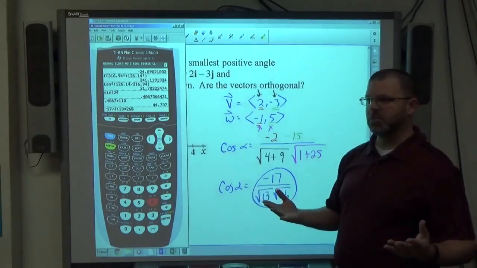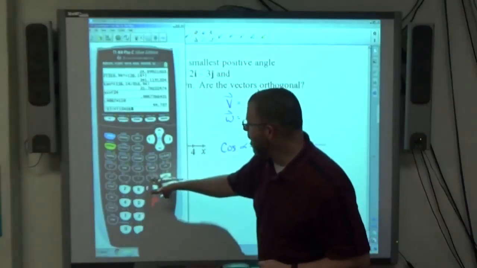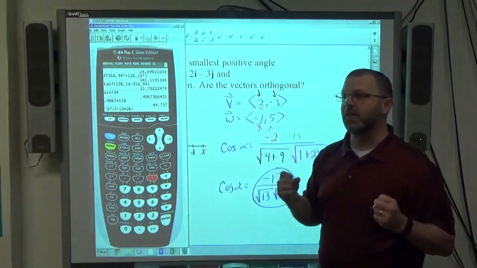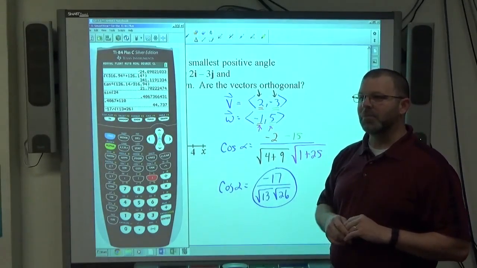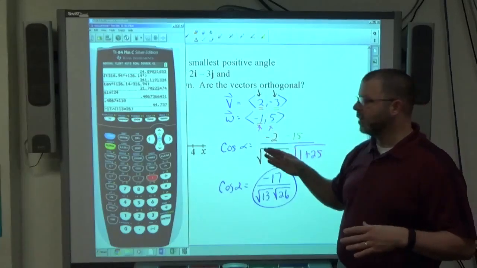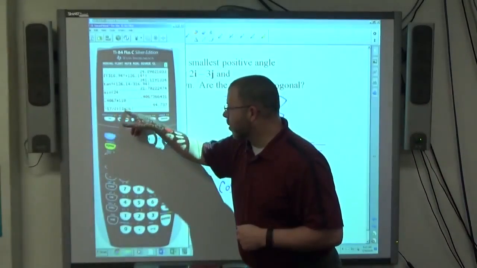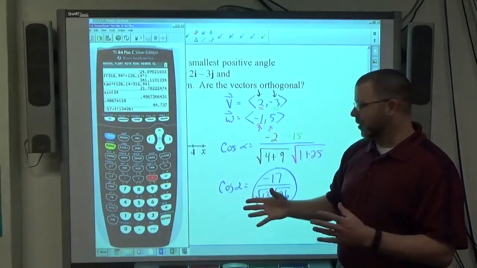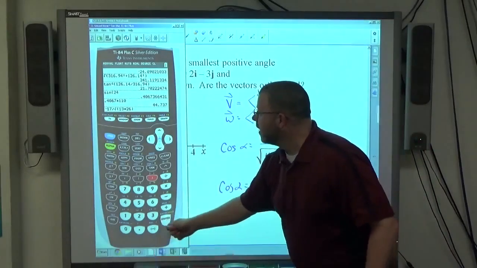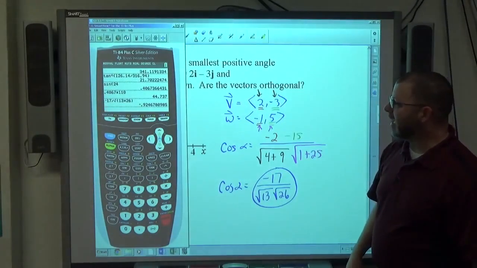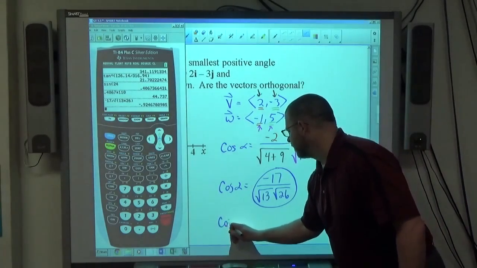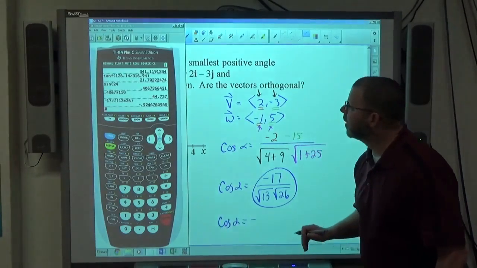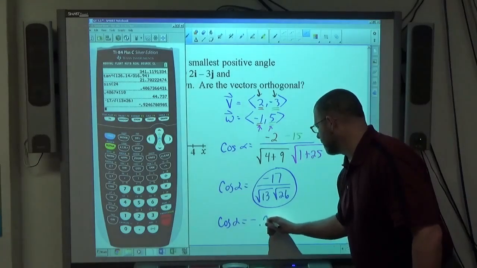And by putting the end parenthesis there, that encases that entire thing on the bottom. That'd probably be the easiest way to type it in. I like to minimize the number of parentheses in my expression. So again, square root of this product, end parenthesis, that puts the entire thing on the bottom, and that's the equivalent. So hit equals, and we get negative 0.924678, whatever. So cosine of alpha equals negative 0.9247.